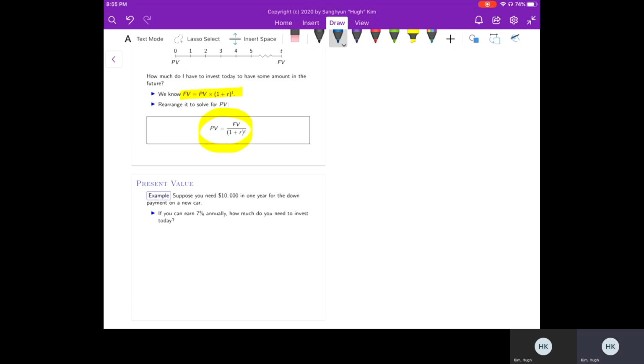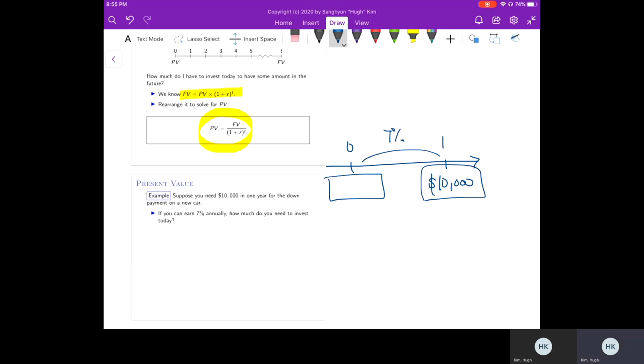Suppose you need $10,000 in 1 year for the down payment on your new car. So if you draw a timeline, time 0, and time 1, and you're going to need $10,000. And so you want to know how much you need to invest today if you can earn 7% annually. So we can use the present value formula.